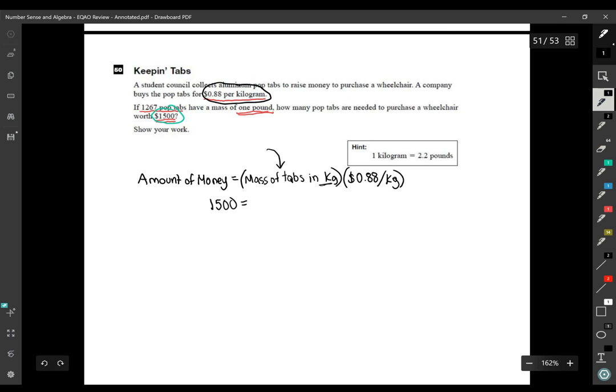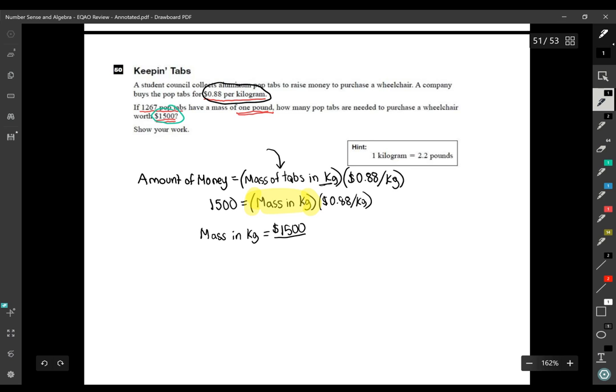I'm going to leave this as mass in kilograms so we don't forget, times 0.88 per kilogram. So now I'm just going to isolate for my mass in kilograms, okay?